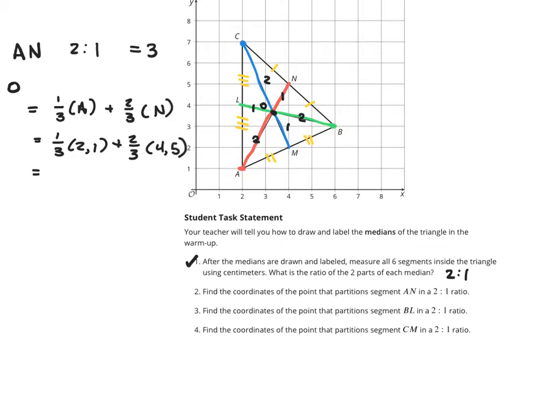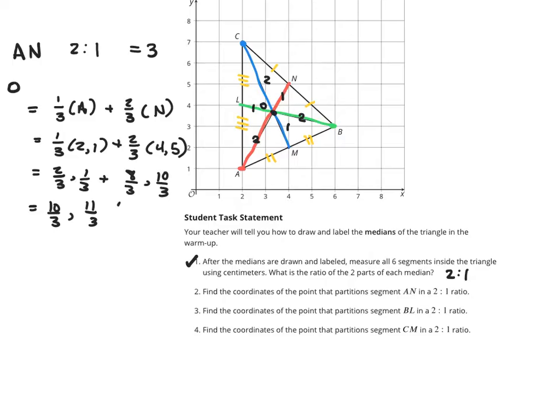Do some distribution. I have 2/3, 1/3, plus 8/3, 10/3. Add my x ordered pair. My x coordinate is 2 plus 8 is 10/3, and 1 plus 10 is 11/3.